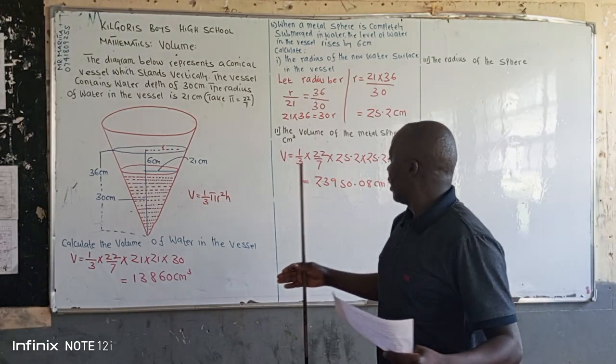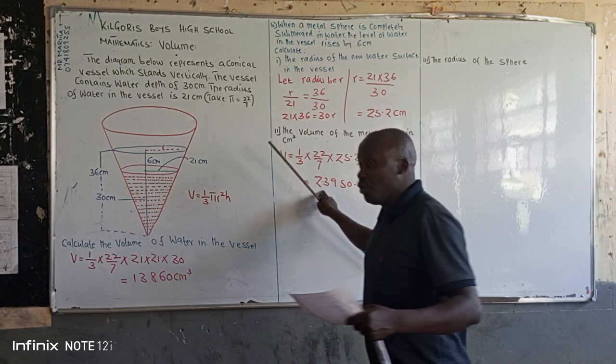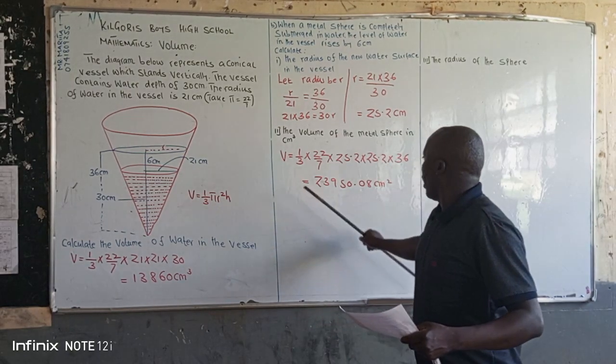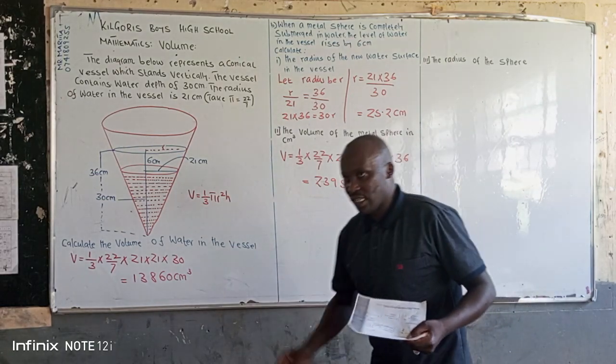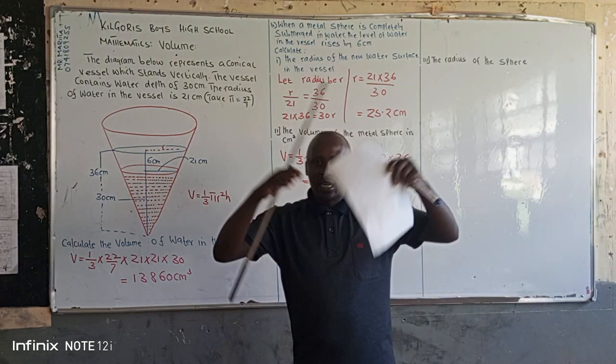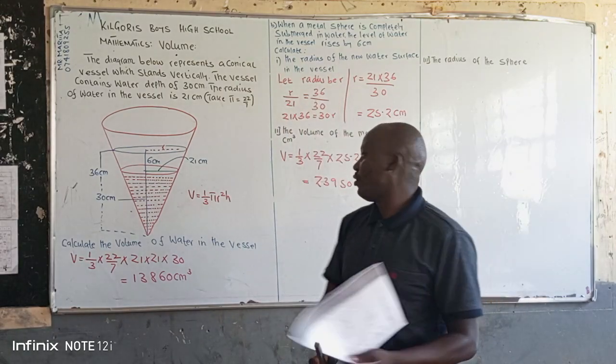To get now the volume of the sphere, it is the difference of the two volumes. You take the new volume, which is 23,950.08, and subtract 13,860, and that one will give you the volume of that sphere.